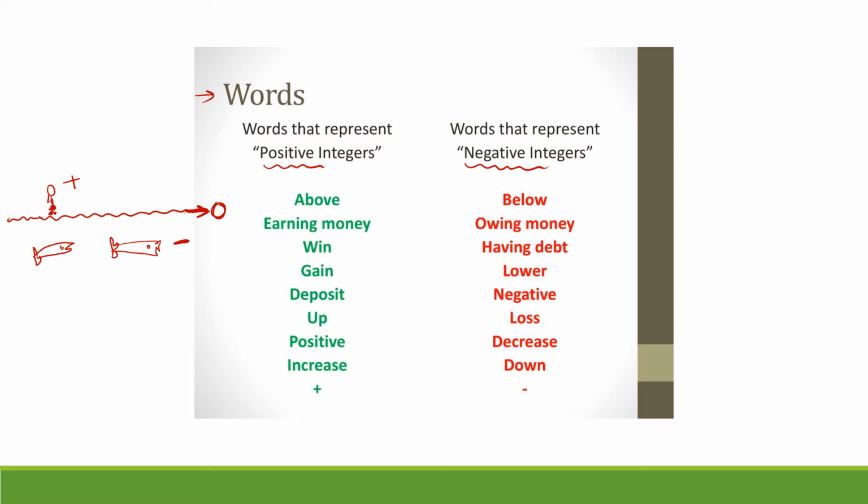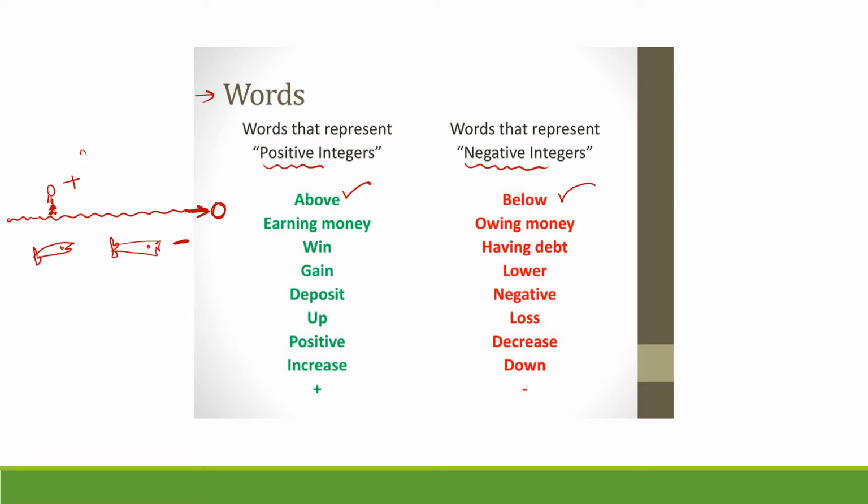So you can see above will be expressed by positive, and below will be expressed by negative. Similarly, if I give you money, then it is positive, but if I borrow from you, it is negative.